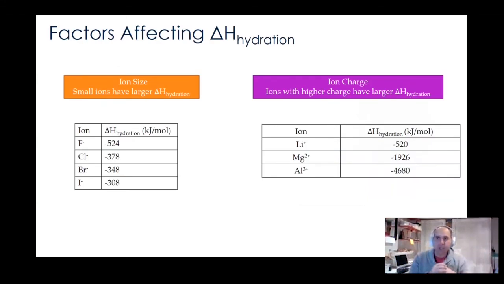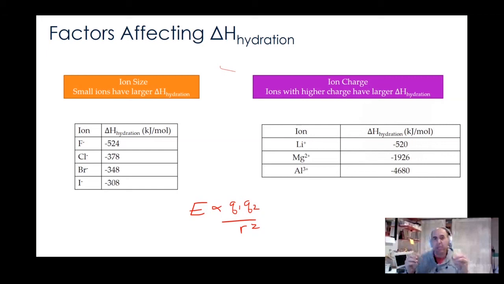So the first thing is the size of the ion, all right? And again, the factors affecting delta H of hydration come back to this once again. So smaller ions have more exothermic enthalpies of hydration.